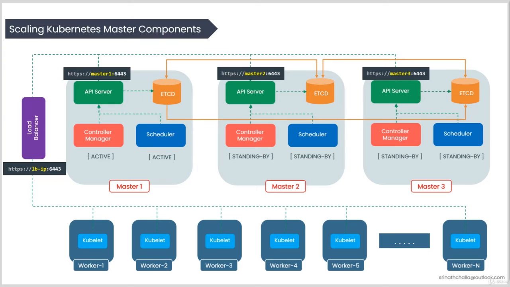Coming to the API server, making the API server highly available is even simpler because the API server is stateless. You can run as many API servers as you need. They don't need to be aware of each other at all. Usually, one API server is co-located with every etcd instance.